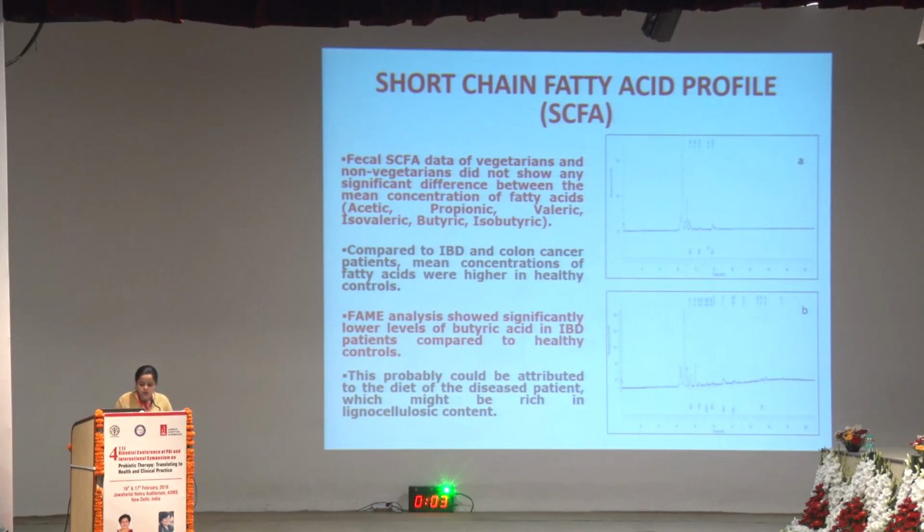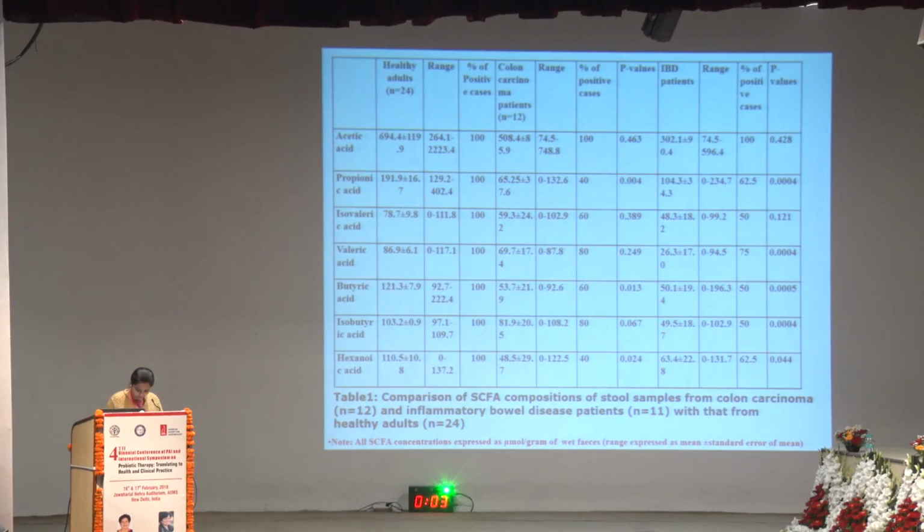This could probably be attributed to the diet of the diseased patients, which might be rich in lignocellulosic content. This is the table showing the comparison of SCFA data composition of stool samples of the enrolled patients.